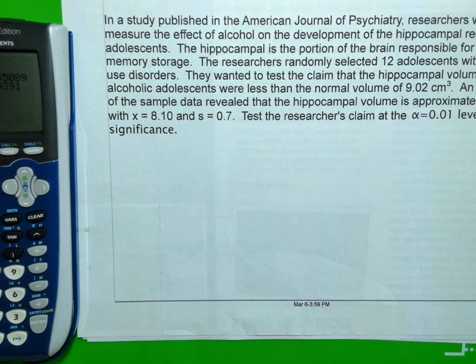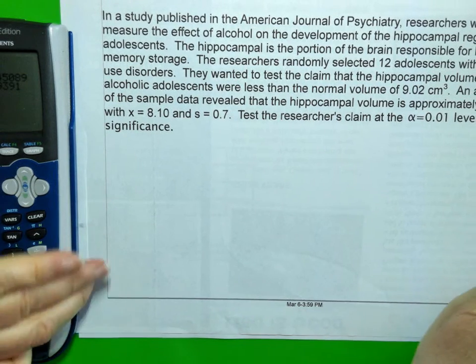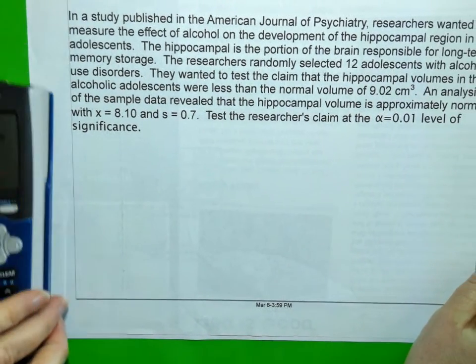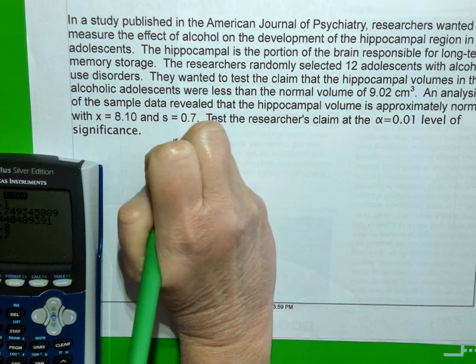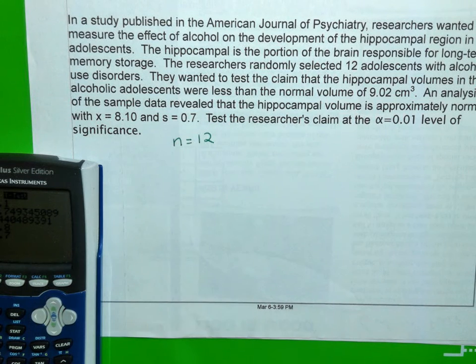Okay, in a study published by the American Journal of Psychiatry, researchers wanted to measure the effect of alcohol on the development of the hippocampal region in adolescence. The hippocampal region is the portion of the brain responsible for long-term memory storage. Researchers randomly selected 12 adolescents with alcohol use disorders.